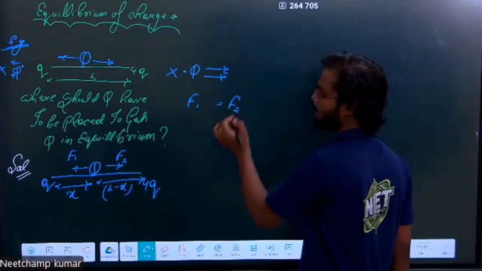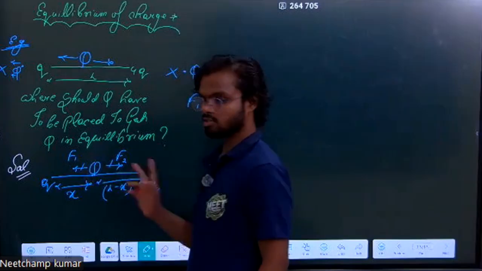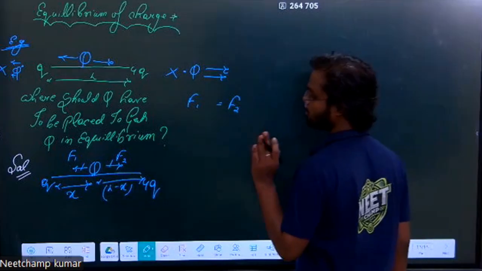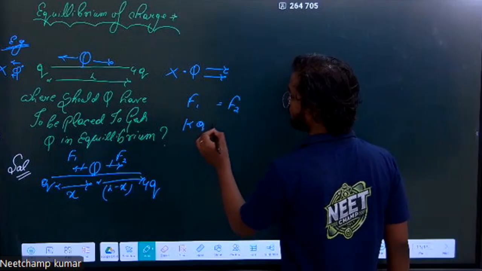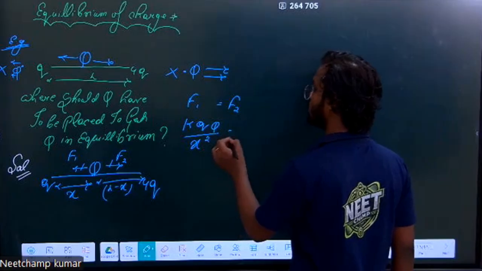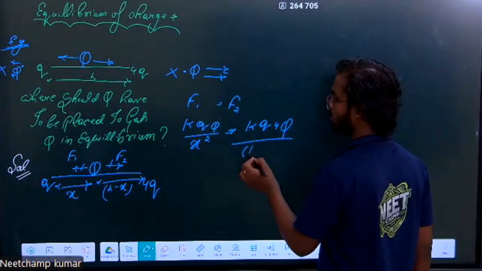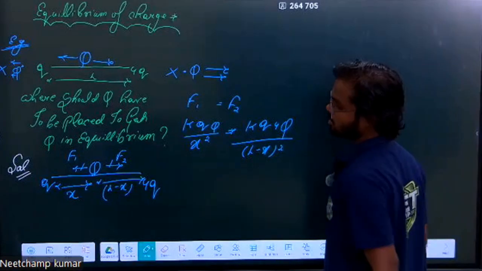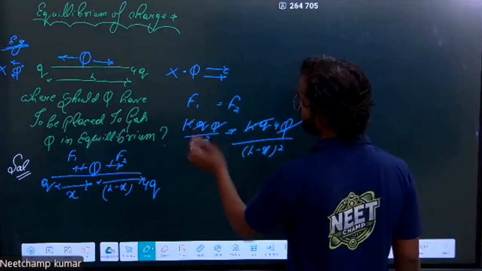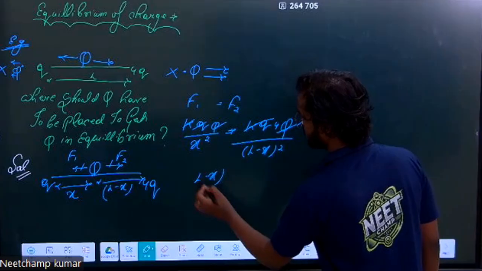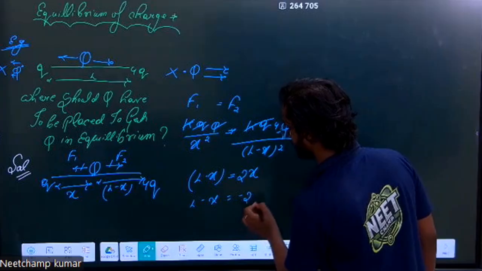F1 is k Q q by x squared, and F2 is k Q 4q upon (L minus x) squared. Everything cancels out, and you get L minus x is equal to 2x.